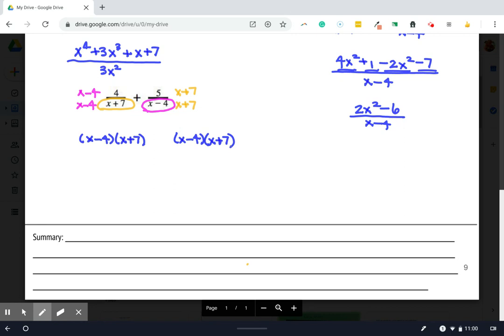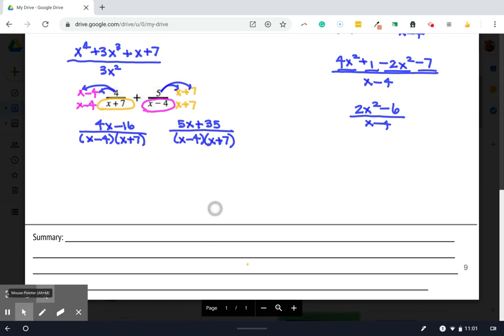And then just distribute the tops, right? So the 4 times the x, the 4 times the 4, and then the 5 times the x, and the 5 times the 7. And now, because we have common denominators, we can just look for those like terms and look for how to combine them and finish the problem.